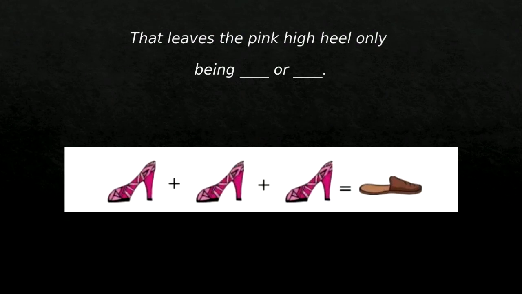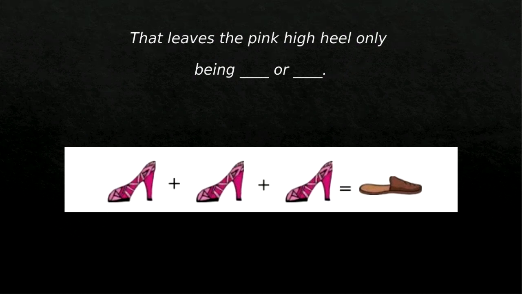Yes, it could also be 2. 2 plus 2 plus 2. 2 and 2 more is 4, and 2 more is 6. So the pink shoe is either 2 or 3, and the brown slipper is either 6 or 9. We don't know that yet, though.